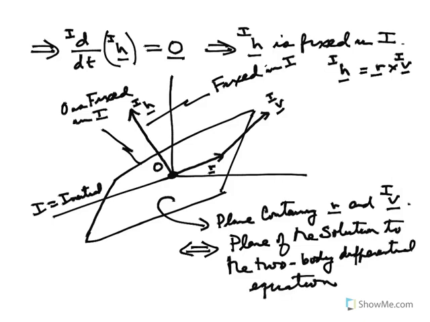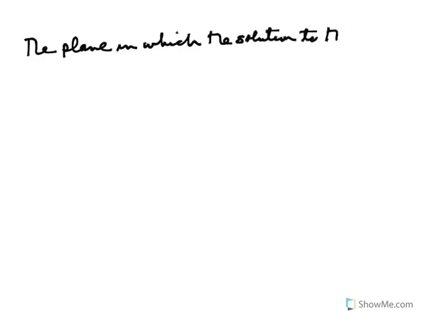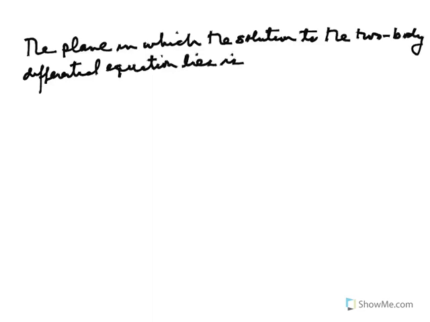So we have some more information here, which is that the plane in which the solution to the two-body differential equation lies is fixed in the inertial frame I. So we have an inertially fixed plane in which the solution lies.